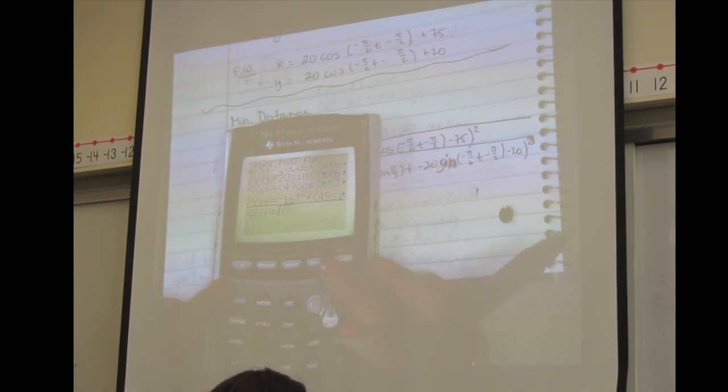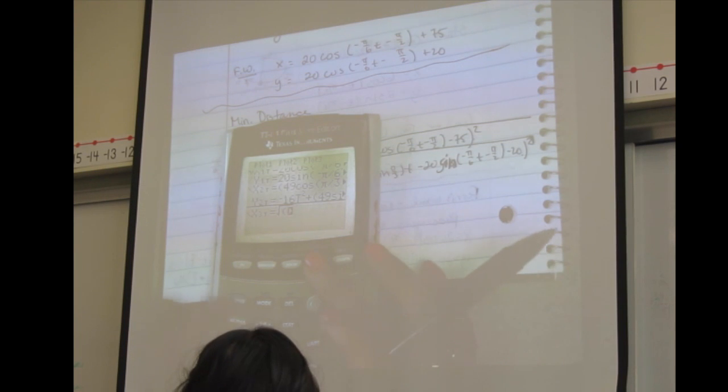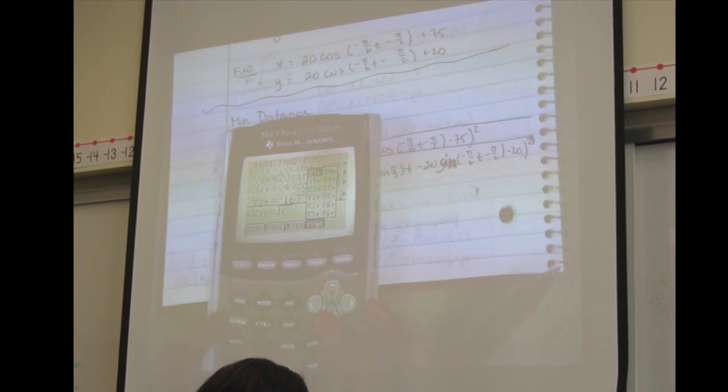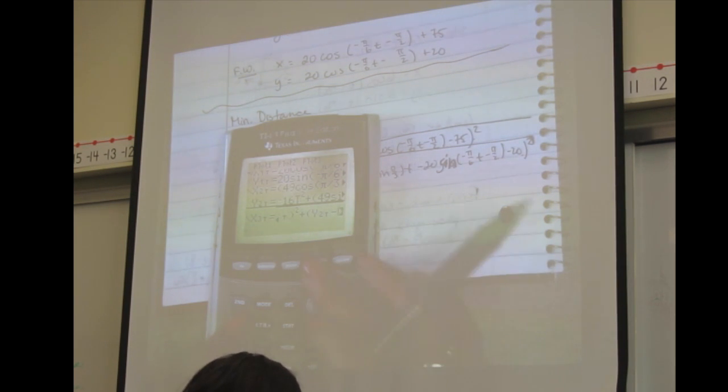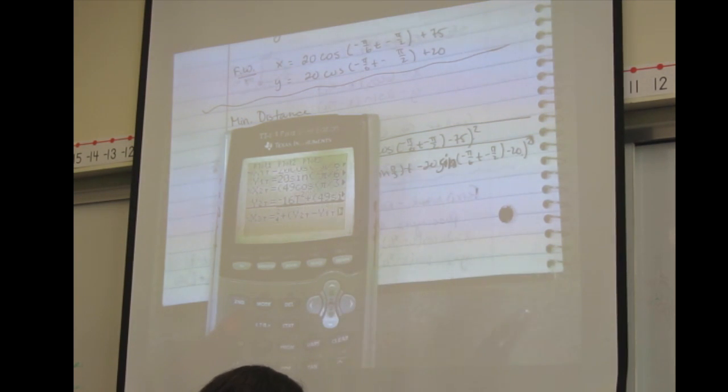Just go function, go alpha f4, x2 minus x1 squared plus y2 minus y1 squared. That's it. Square root of all that, you're done.